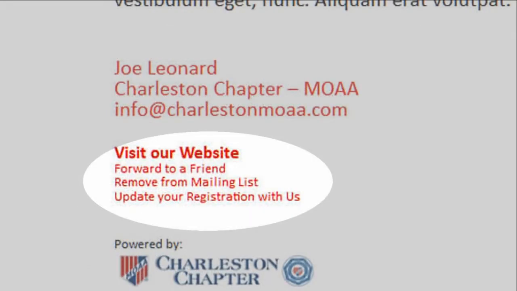Just below your defined website link are 3 hard-coded links. They include Forward to a Friend, Remove from Email List, and Update your registration with us. Should the email recipient click on Forward to a Friend, they will be redirected to a page on your website where they can resend this email to the person of their choice.